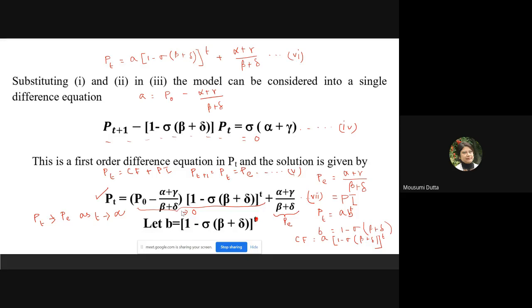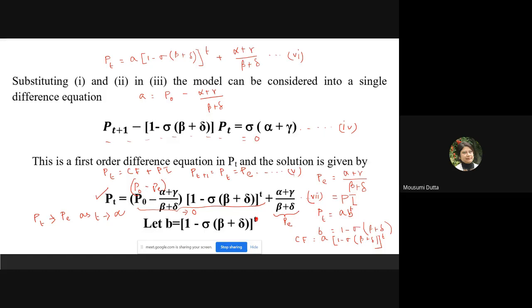Now in the first term, there are two components. The first component is P naught minus alpha plus gamma by beta plus delta, or P naught minus PE. Both P naught and PE are constant, so this part cannot move towards 0.